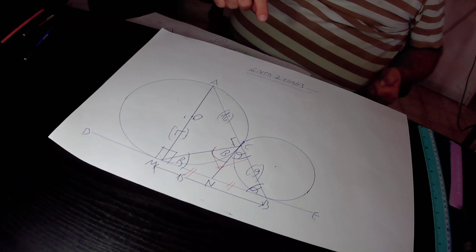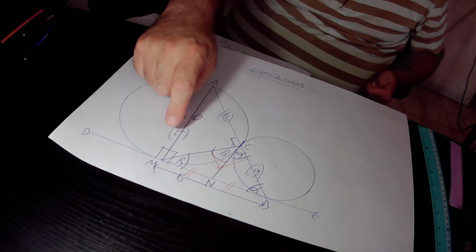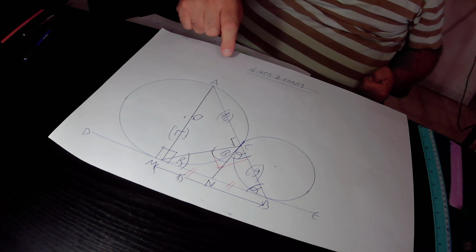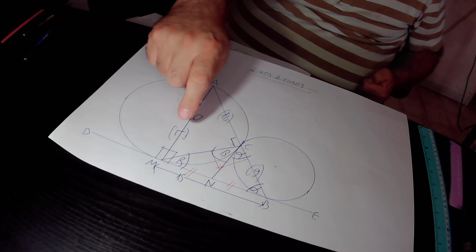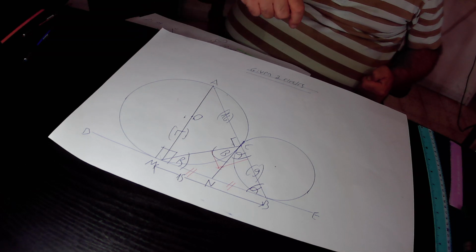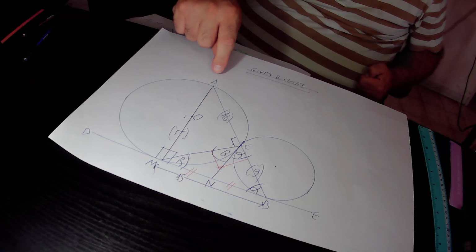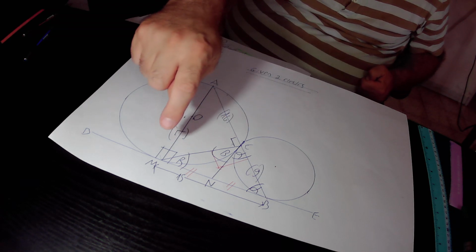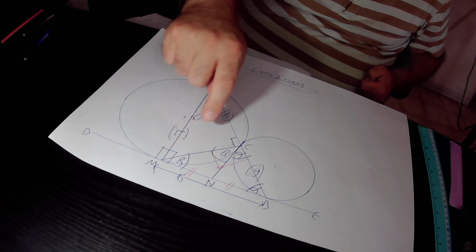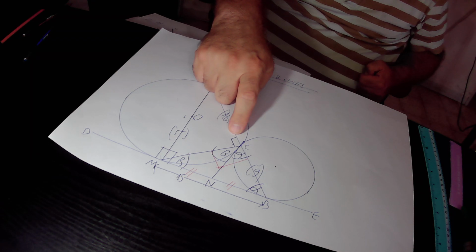In the next step, we join points A and M together by a straight line. AM is a chord inside this big circle. And we have here peripheral angle ACM, that is the right angle according to rule 3.